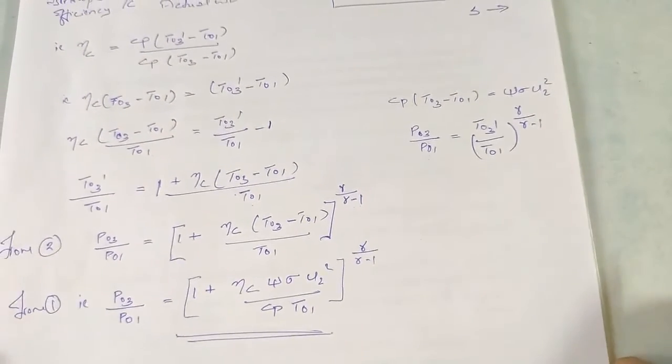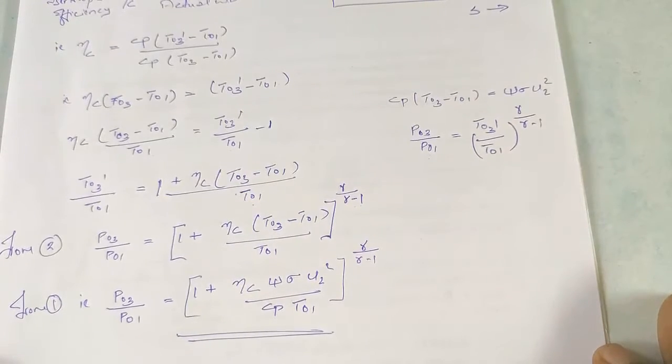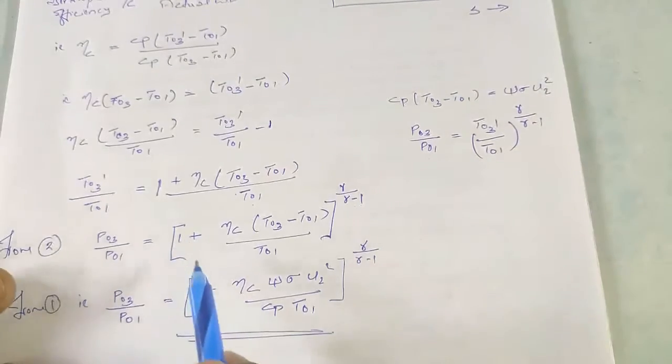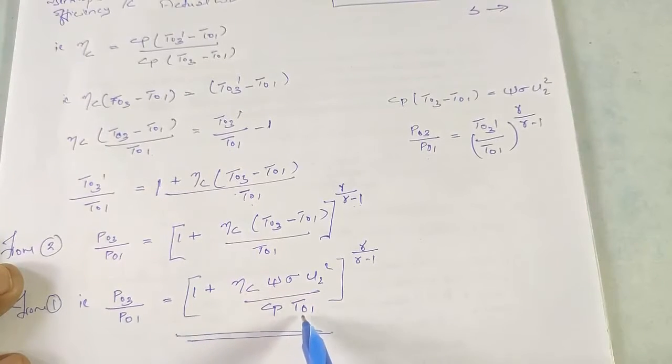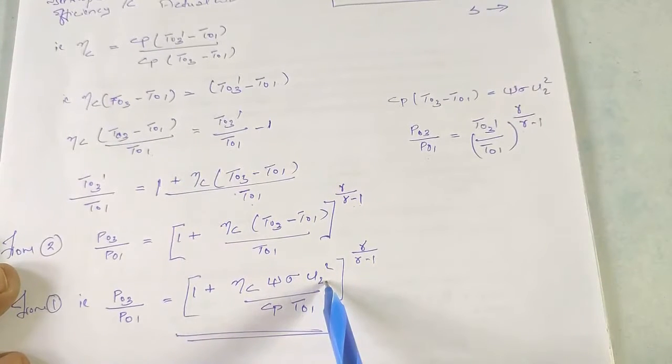This is a very important equation, the expression for pressure ratio of a centrifugal compressor in terms of isentropic efficiency, the power factor, the slip factor, the stagnation temperature at the inlet, and the peripheral velocity of the impeller at outlet.